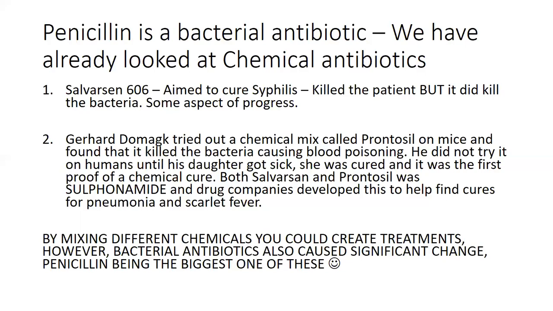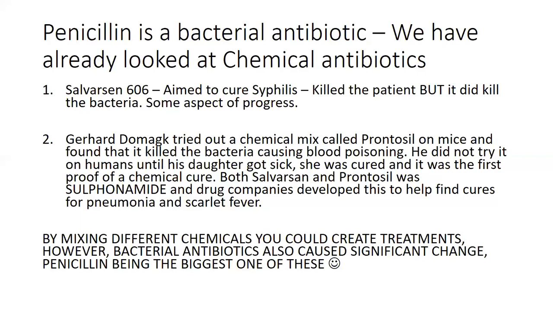Now the antibiotics we've already looked at are firstly Salvarsan 606. The aim of Salvarsan 606 was to kill syphilis. It started with a man called Paul Ehrlich, who mixed 600 different forms of arsenic, which was a poison, but he couldn't find the correct mixture to kill the bacteria.